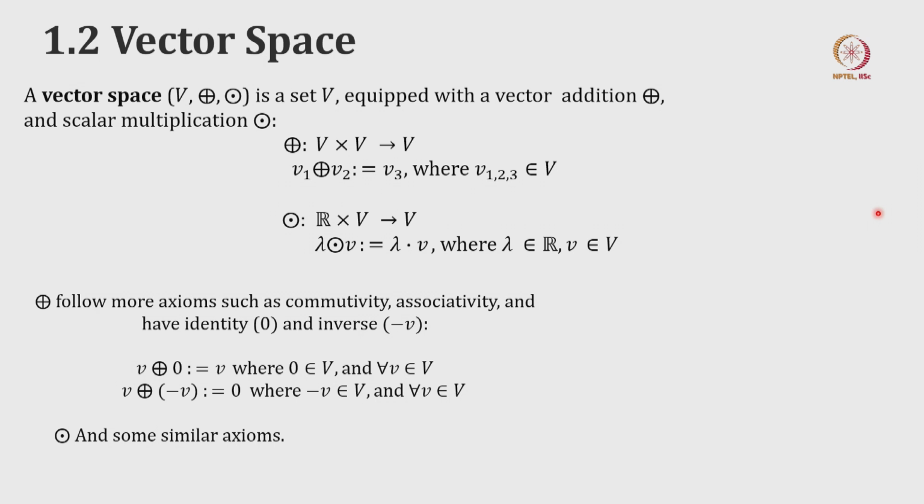So, again, vector space is something you must have studied in math methods. It is made of 3 things, it is written as 3 things. One is a set V equipped with a vector addition and scalar multiplication, which must satisfy these axioms. Vector additions and scalar multiplications are defined like this.